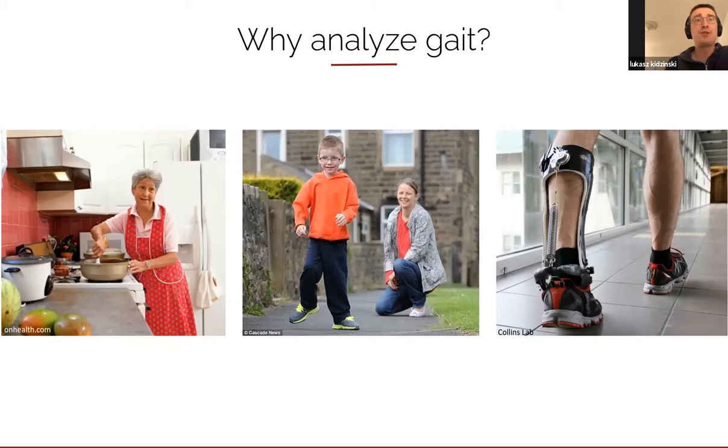But there are also social problems. When your gait doesn't look completely normal, you lose your confidence, you're less active, you don't go visit your friends and so on. So there are many layers and many implications of impaired mobility.